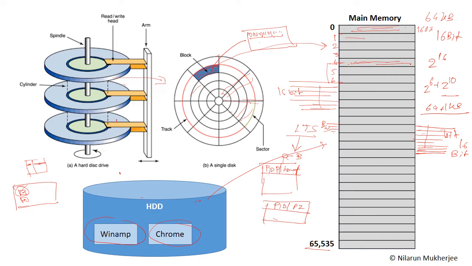So when this block gets into memory, each individual instruction or data item will be put in a single register, and so they will become addressable.